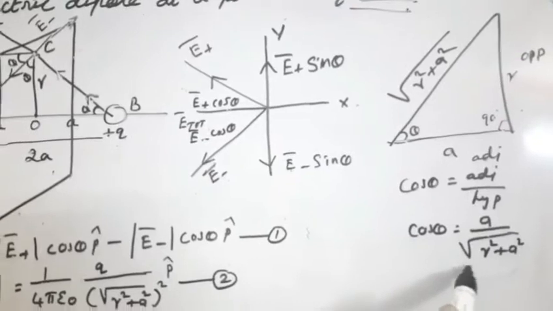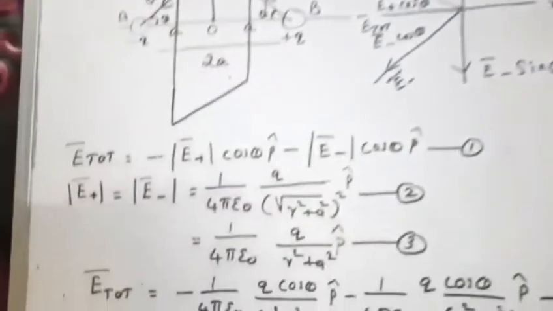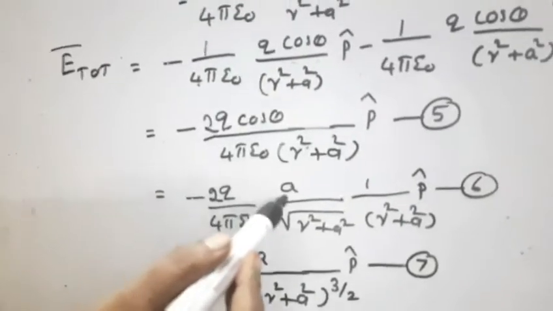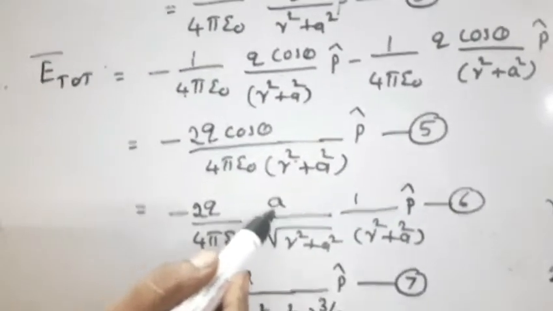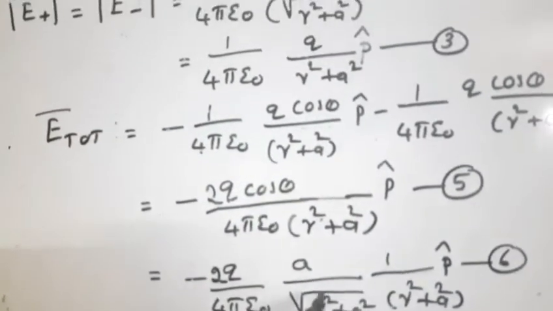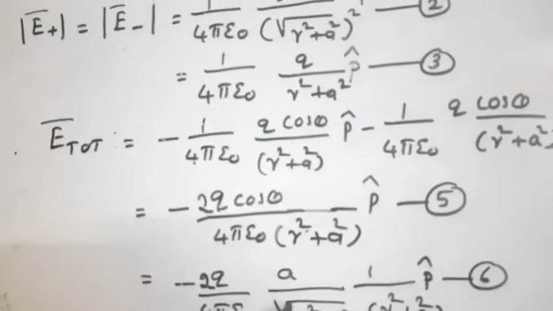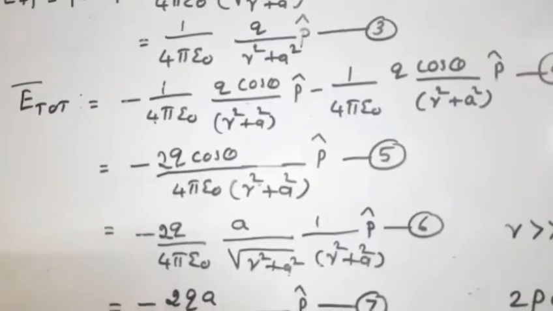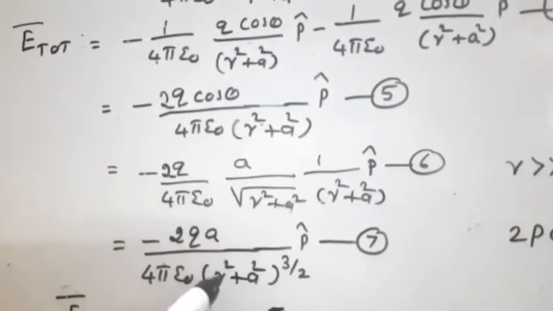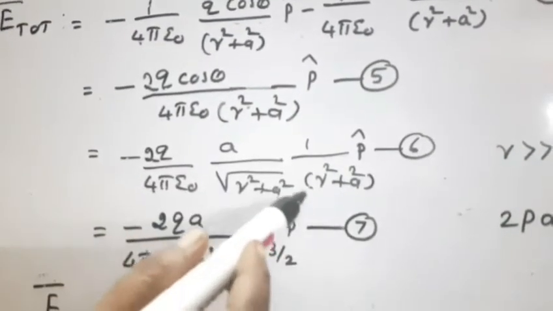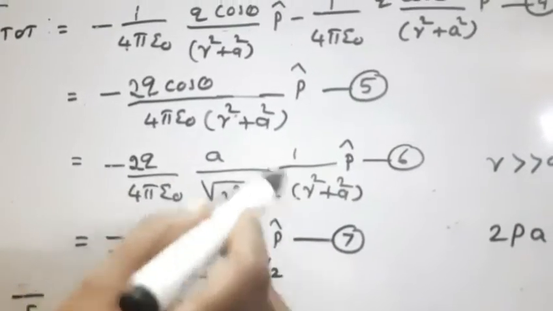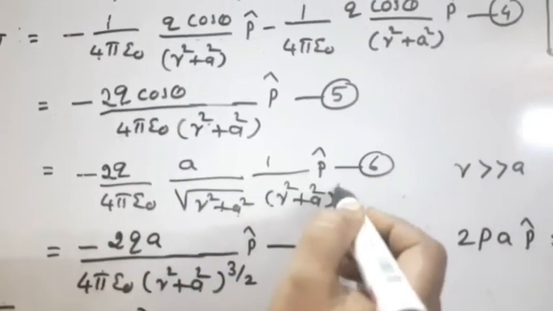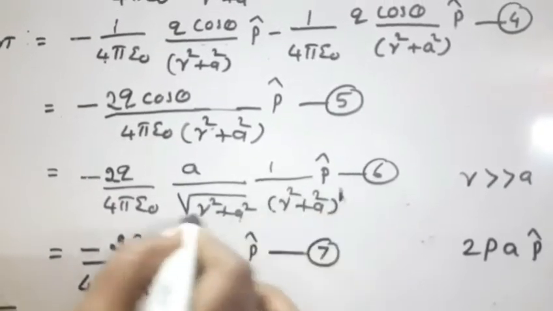So this value we can substitute here, that is minus 1 by 4 pi epsilon naught 2q divided by r square plus a square, cos theta value is a into root of r square plus a square into p cap. And here this term is r square plus a square, and here it is r square plus a square root. So here in this bracket we can consider the power is 1, here the power is 1 by 2.